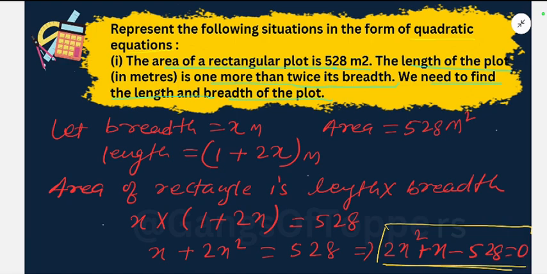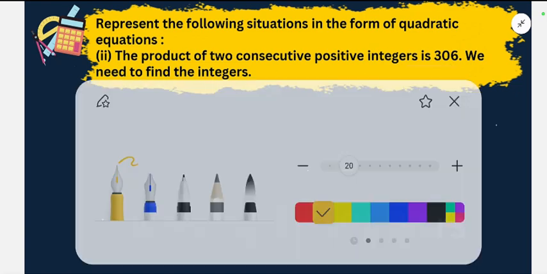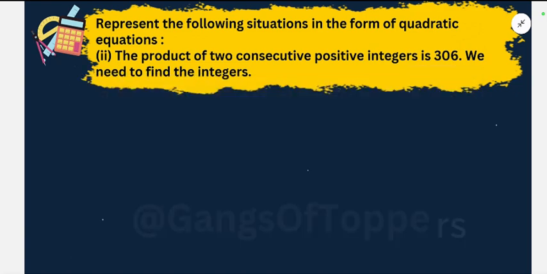Okay, let's take another question. The question says the product of two consecutive positive integers is 306. We need to find the integers. We don't need to calculate this question. We just have to write a quadratic equation on this.